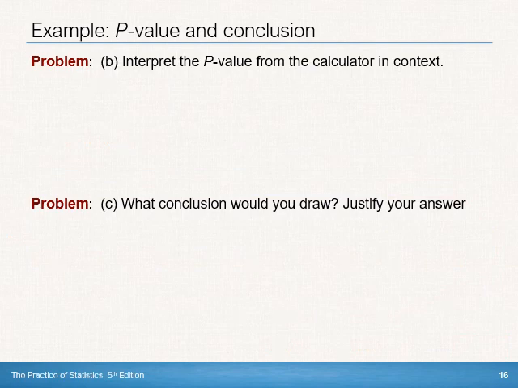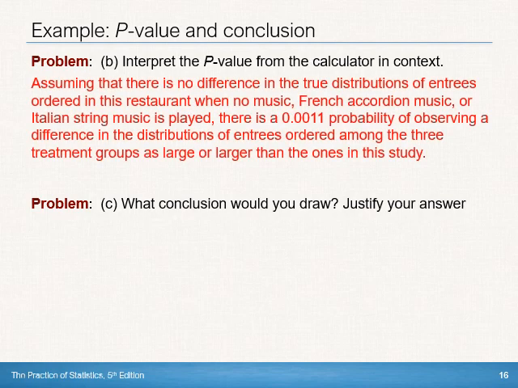All right, so how would we interpret this p-value in context? Pause this video and then I'll reveal it and we'll talk about it. Okay, so the p-value is interpreted a lot like we normally do, right? Assuming the null hypothesis is true, the p-value is the probability we would get a value as extreme or more extreme than the one we got.